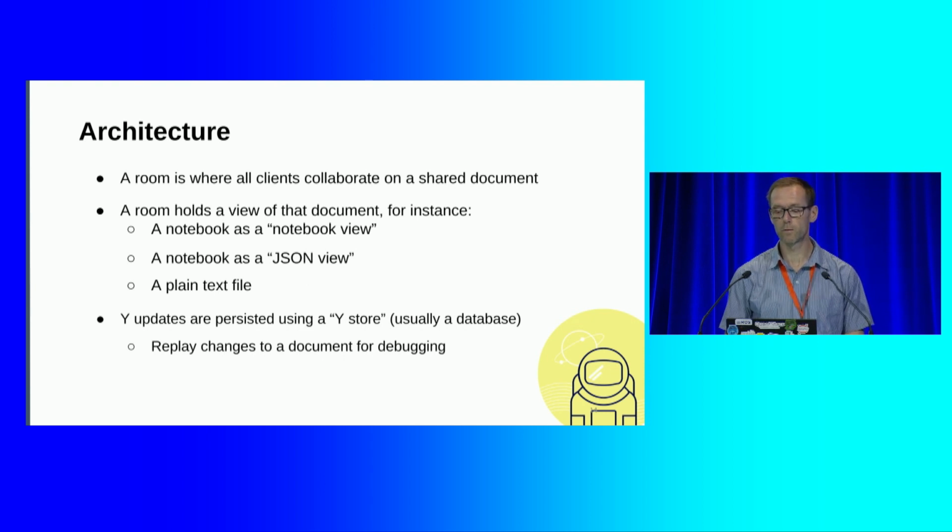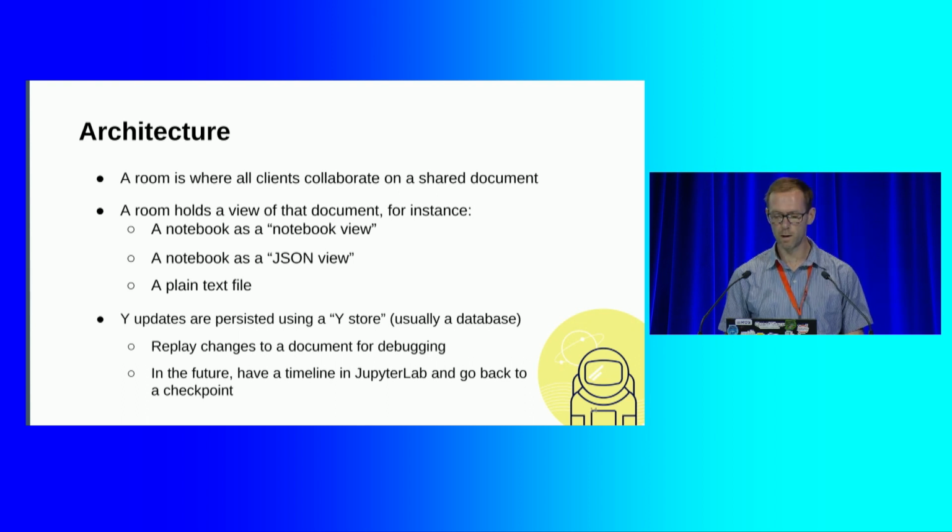For instance, for debugging, we used to use that a lot in the early days when we were developing. But in the future, we also want to have a graphical timeline in JupyterLab that will allow us to go back to any point in past, to go back to a previous version of a document.